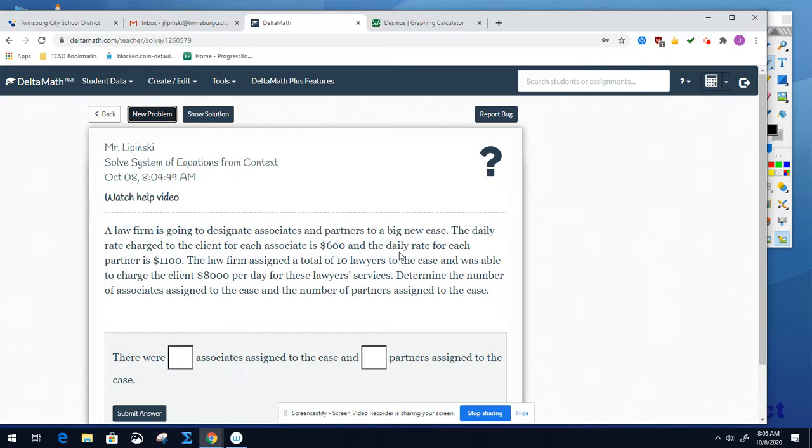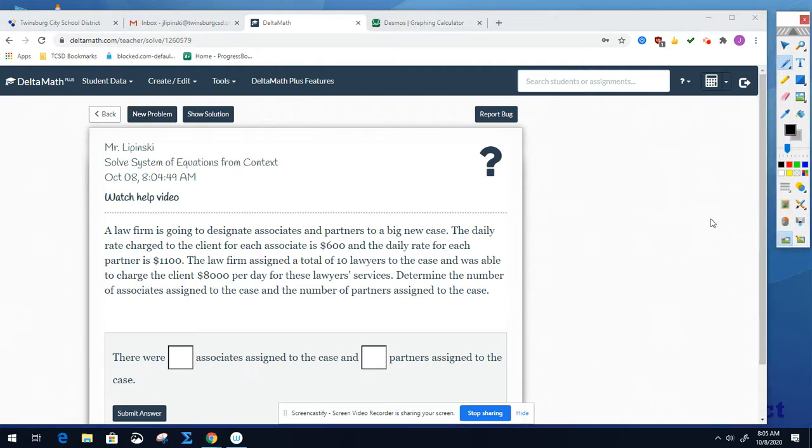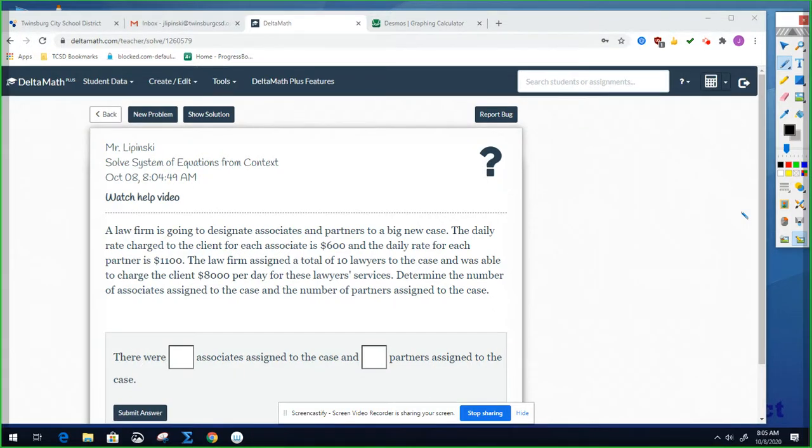So for this problem, this is just a little different, so I want to do this one. What will we let x equal and what will we let y equal? Determine the number of associates. So we would say let x equal the number of associates and let y equal the number of partners.